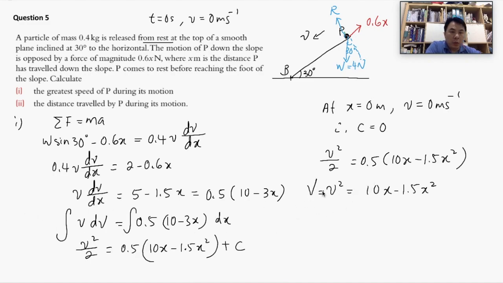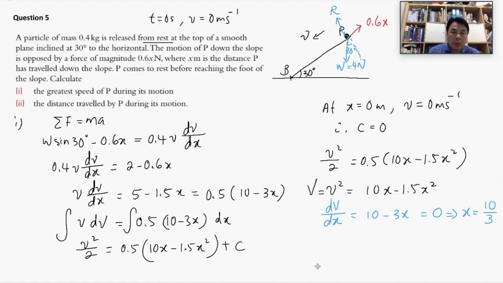We know that the speed is greatest when dv/dx is equal to 0. So here we have 10, we have 3x. We're going to equate this to 0 to obtain the stationary value for speed. This implies that x is equal to 10 over 3.